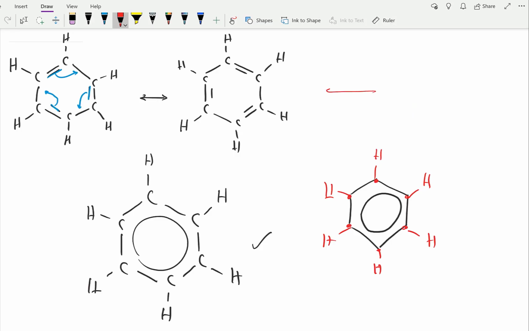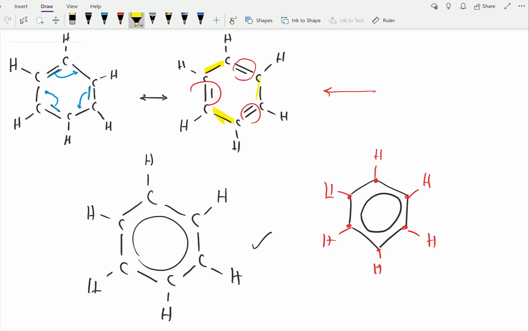If these structures were the correct structure for the benzene, then you would have 2 types of bonds inside the benzene ring. One of them is the double bond that you can have here. The other one would be the single bonds that you have in this position. In that case, you would have stronger carbon double bond carbon and weaker carbon single bond carbon inside the benzene ring.